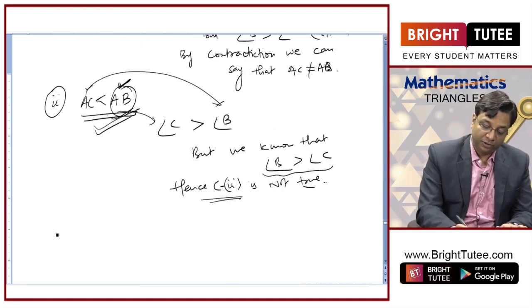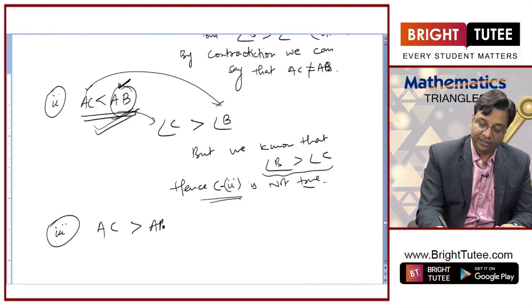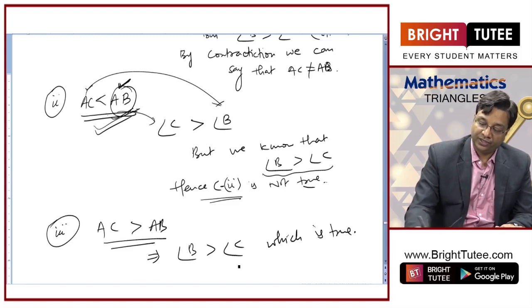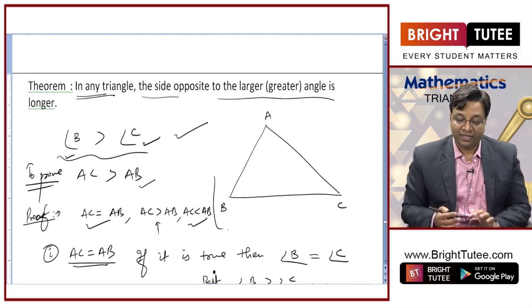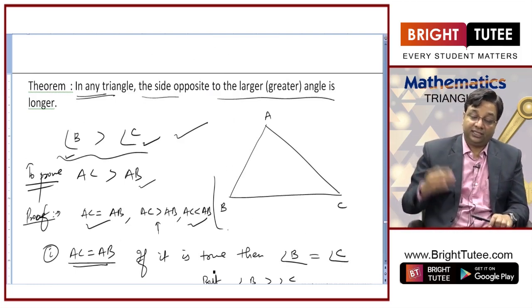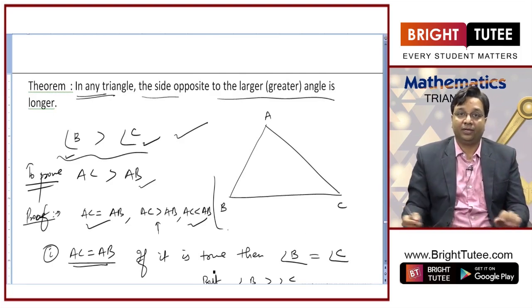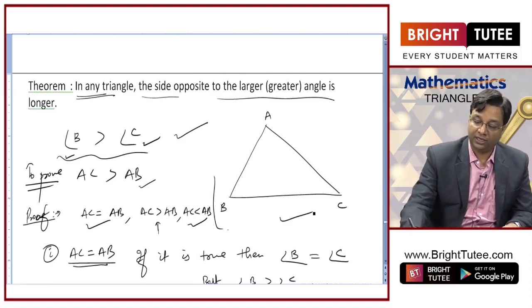So the only possibility is that AC is greater than AB, right. So this will imply that angle B is greater than angle C, which is true. Hence, I can say that there is only one possibility, that the side opposite to the larger angle is longer. Okay. So this is how you will look at this theorem.